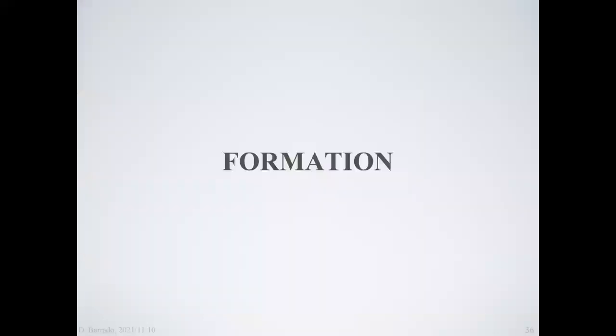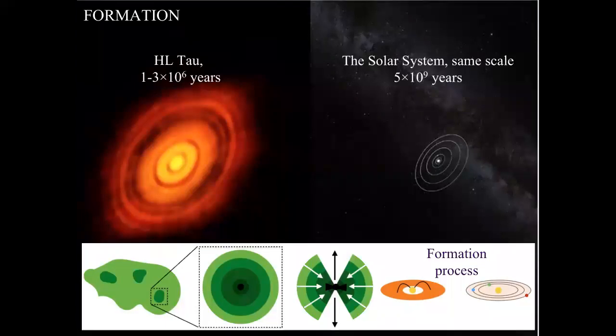I'm not going to describe formation, just to give you some examples of what we can see now. These are real images of planetary system formation. It's a picture that was obtained with ALMA, an interferometer in Chile. Planets, stars, and planetary systems are formed from molecular clouds in a complex evolution.